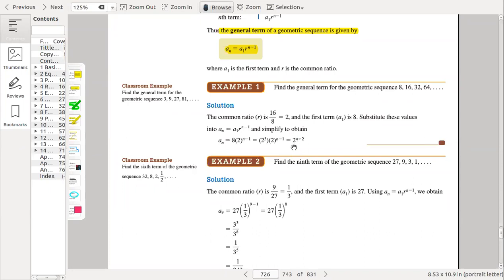Then 2 power 4, since 2 plus 2 is 4. So 2 power 4 is 16, the second term. Then for the third term, just replace n with 3. So 2 power 5. What is 2 power 5? 32. So you will get all the terms in the sequence by this nth term.